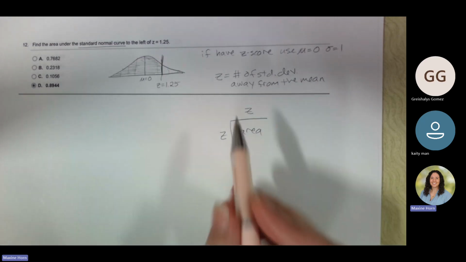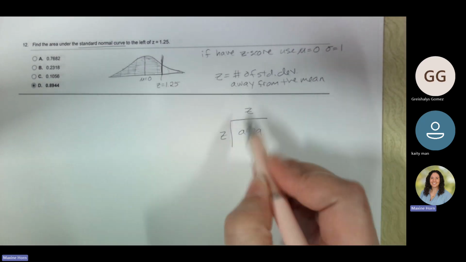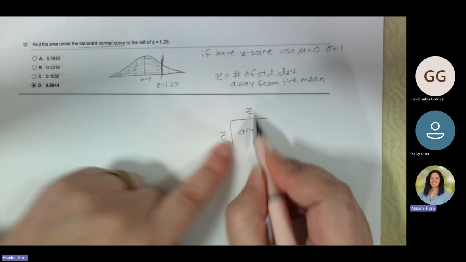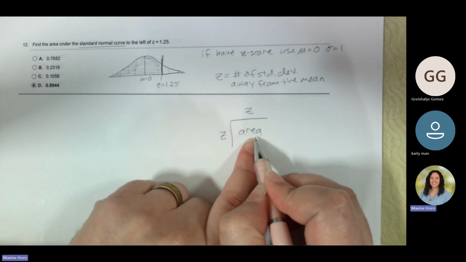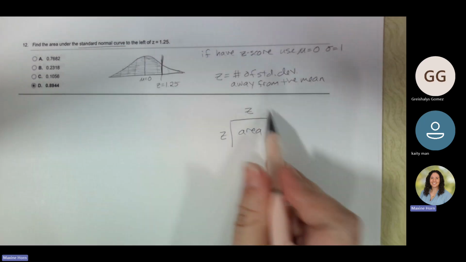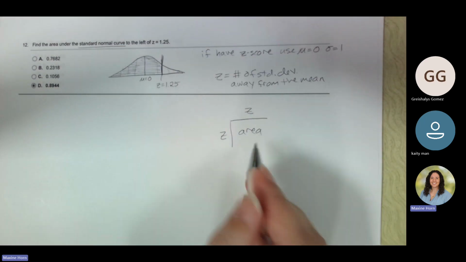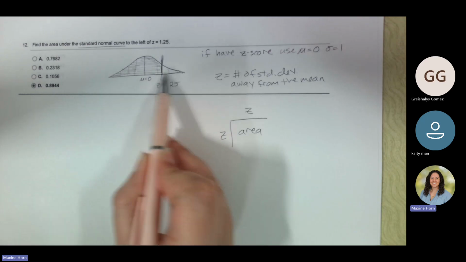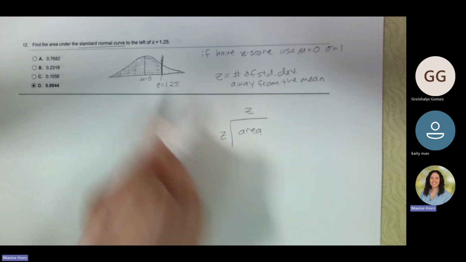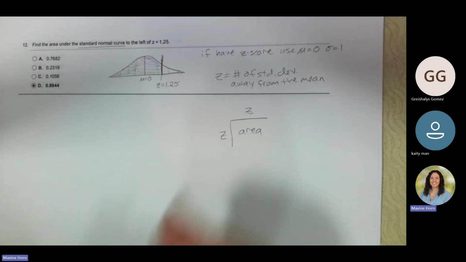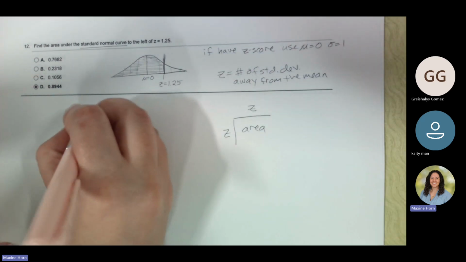Okay, and you would find the 1.2, and then you'd find the 0.05 here, and you'd see where they intersect, and that gives you the area. Okay, remember in the back of the book, if you're doing the chart, it always gives you the area to the left. Okay, I mean, we are looking for the area to the left, but sometimes we're looking for the area to the right. The chart will always give you the areas to the left. Or you can instead do the calculator.